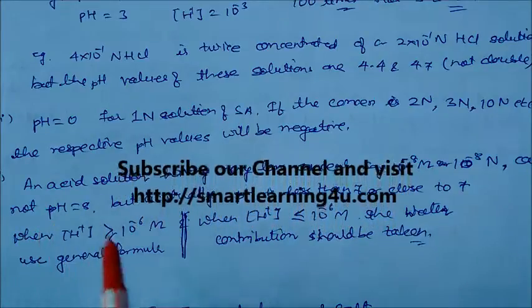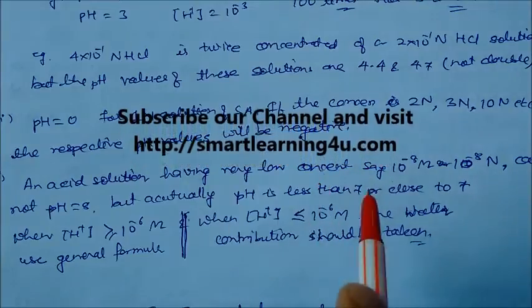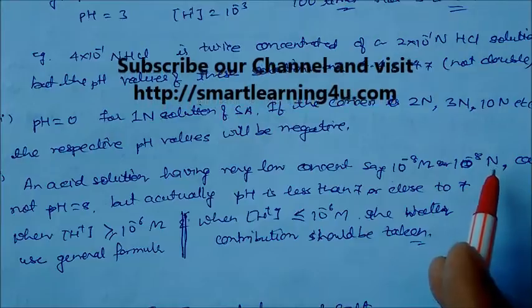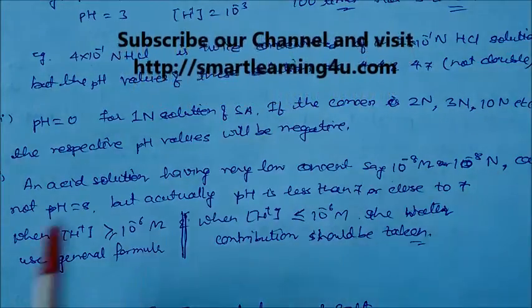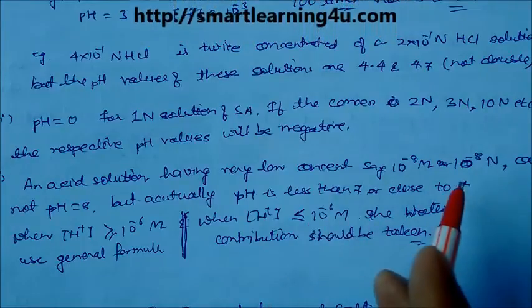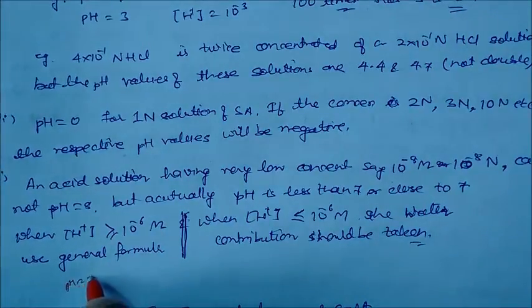Third, if an acid solution has a very low concentration, meaning the concentration of H+ is 10 to the minus 8 molarity or 10 to the minus 8 normality, then its pH is not actually 8, but actually less than 7 or close to 7. So when the concentration of H+ is greater than 10 to the minus 6, we use the general formula, that is pH equal to minus log of H+.